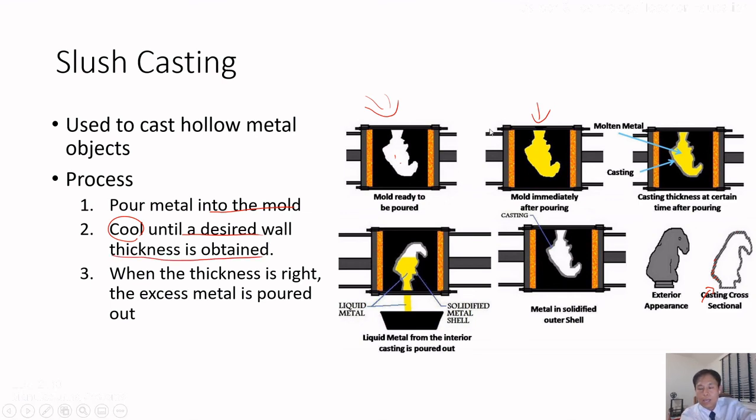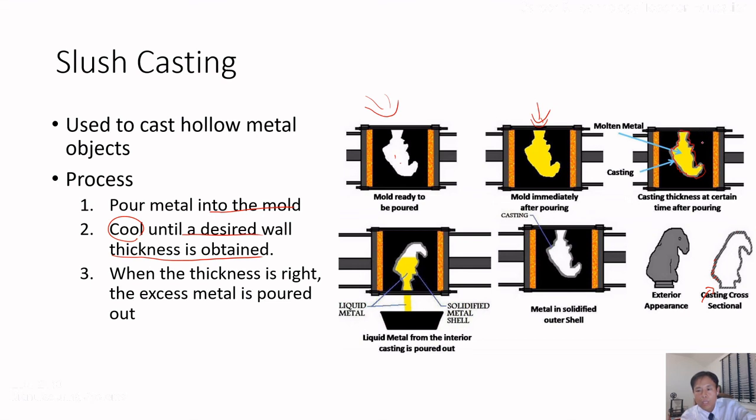So after the molten metal is poured, it immediately starts solidifying from the outer side, right?